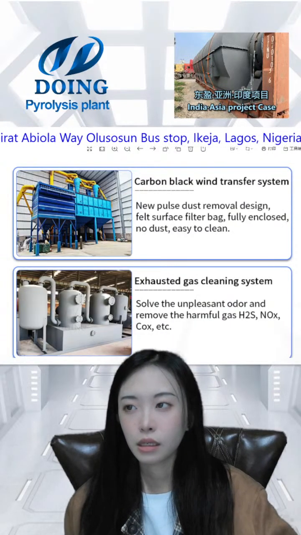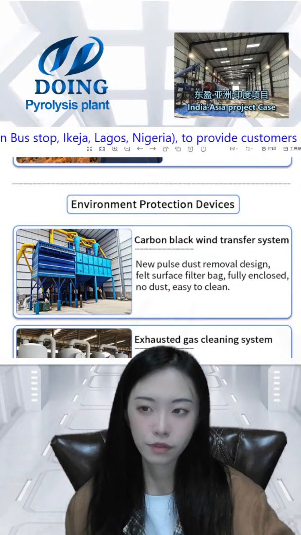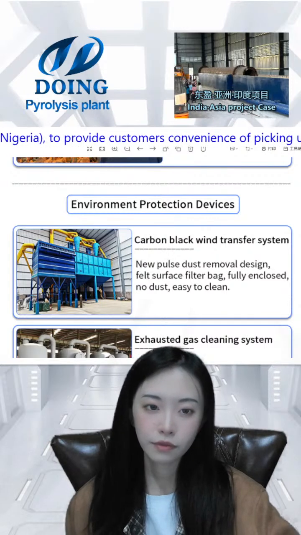You can see this is the first one, the carbon black wind transfer system to control the dust, and a sealed conveying system.